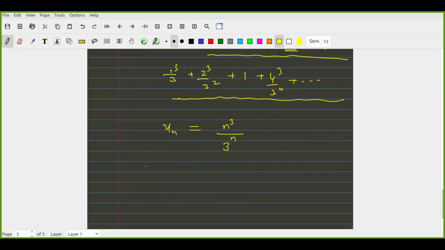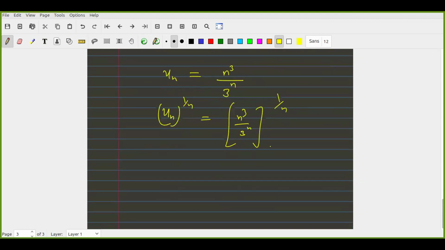So what does Cauchy's test prescribe? Look at un power 1 by n, that is (n cube by 3 power n) power 1 by n, and take its limit. This turns out to be n to the power 3 by n, divided by 3.